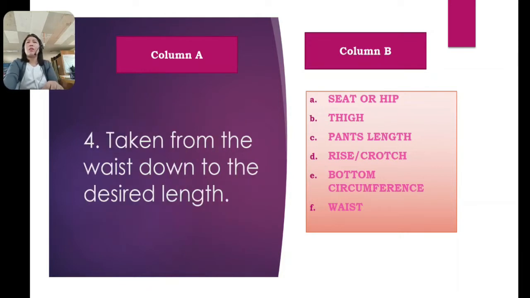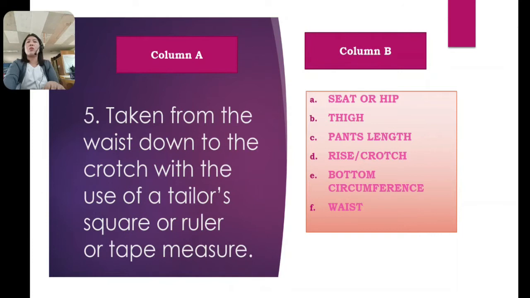Taken from the waist down to the desired length. Time start now. Time's up. And the last question: taken from the waist down to the crotch with the use of tailor's square or ruler or tape measure. Time start now.